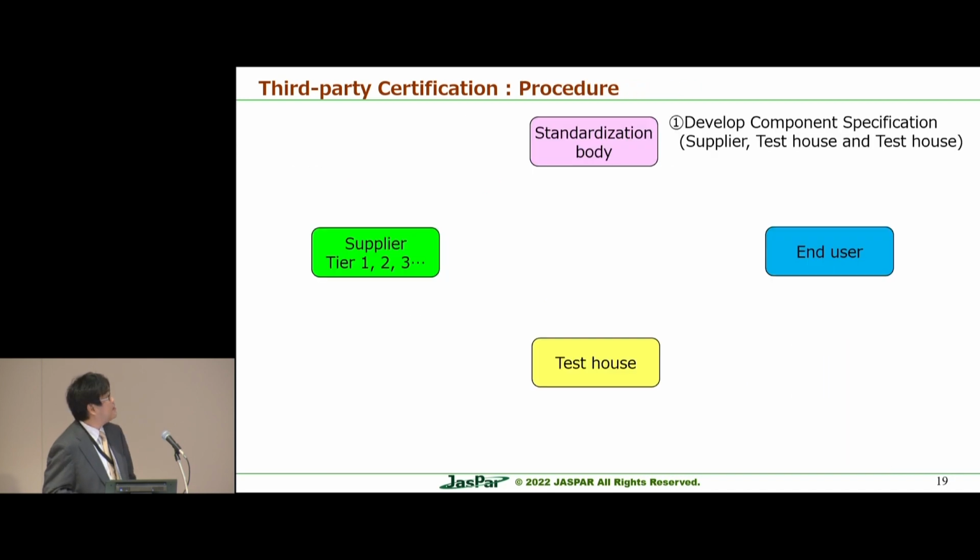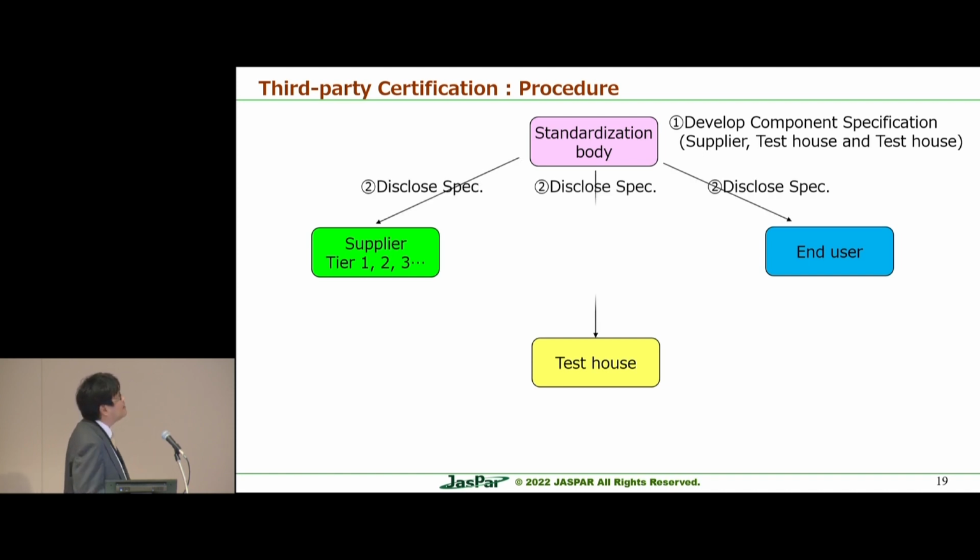That's the idea. And maybe the last one is the third-party certification procedure. So normally the standardization body develops the standard. And, I'm sorry, this is a typo. Suppliers and test houses, and of course the end user like the OEM, sit together to develop the international standard.